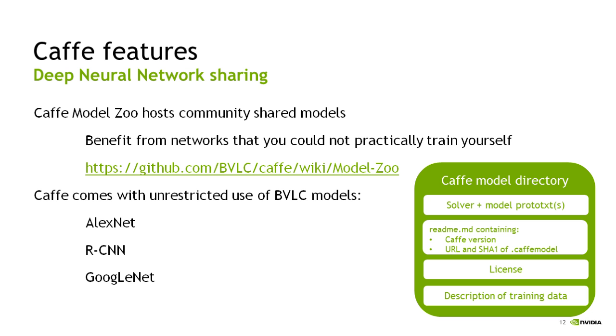You would provide a license for the use of the model, because you may have used proprietary data in training your model, and often people provide a description of that training data as well. So on the bottom right of this chart, you see that you can package all of those things up into a single directory, and that's what typically constitutes a Caffe model.